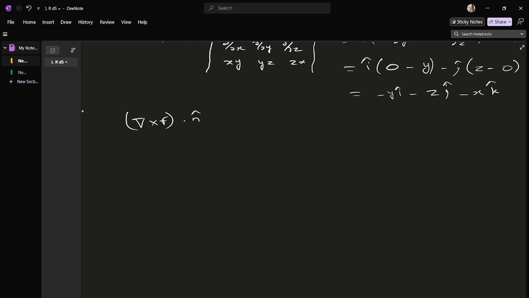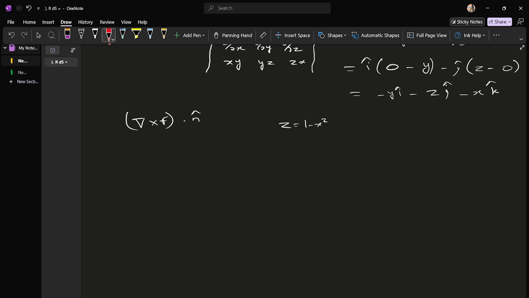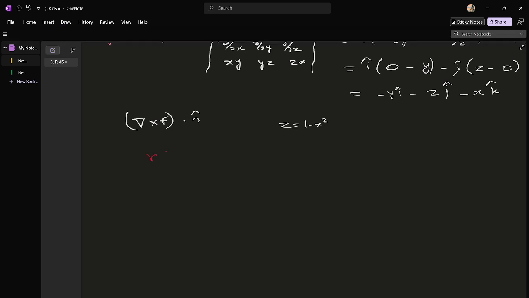The surface integral of this will be done, and the surface is given as z equals to 1 minus x square. Then the parameterization will be r of x, y equals to x i cap plus y j cap plus 1 minus x square k cap, and the limits of x are 0 to 1.